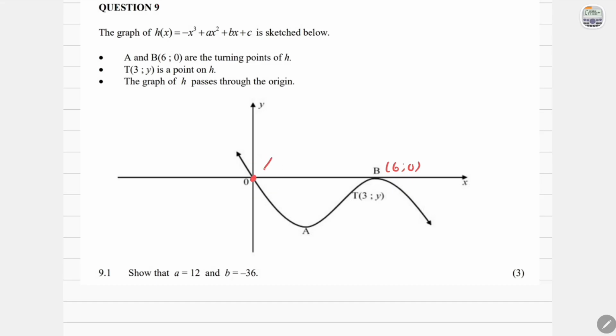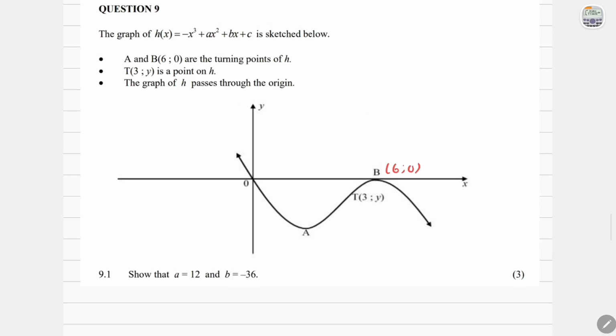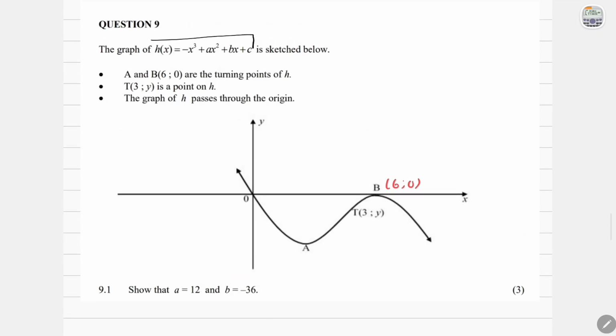If it passes through the origin, then it means it has a common y and x-intercept here. But that still means the y-intercept is equal to 0. Okay, let's keep that in mind. And 9.1 says, show that a equals 12 and b equals negative 36. Okay, so the equation we have, you can see that we have a, b, and c.